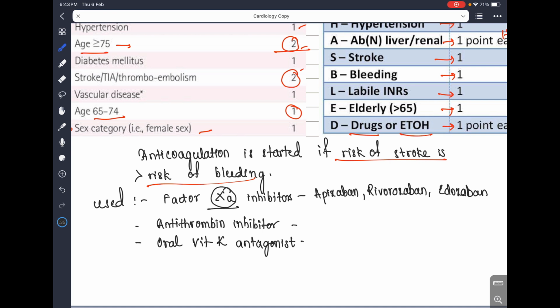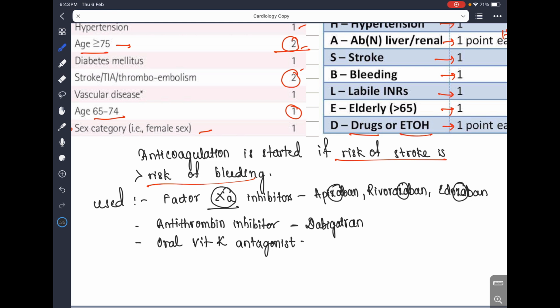They are factor 10A inhibitors and they have XA in their names. Then you can also give the patient an antithrombin inhibitor. Can you tell me which is the antithrombin inhibitor? It is dabigatran.